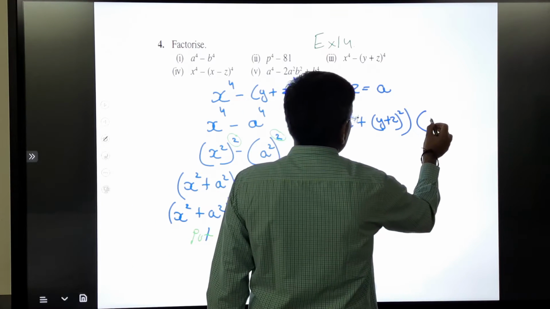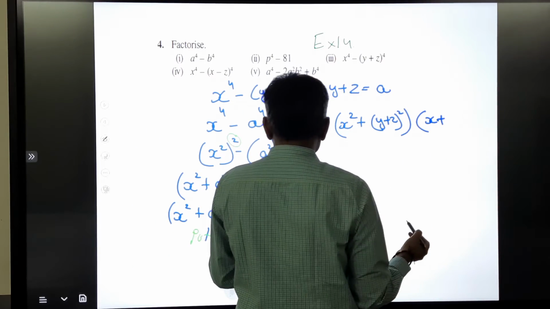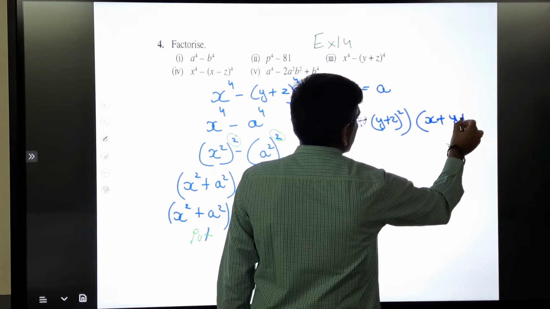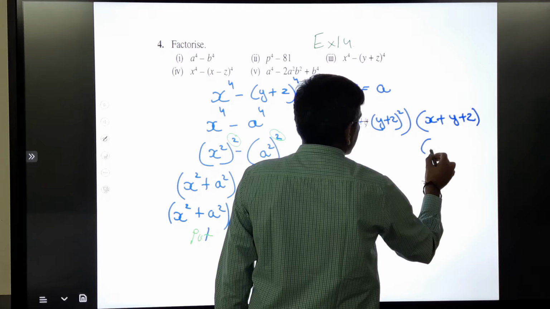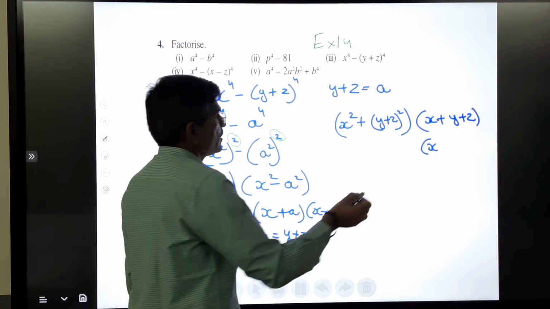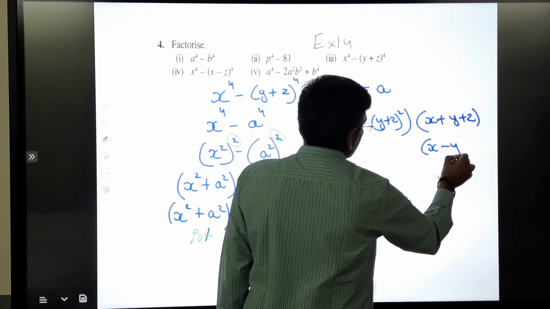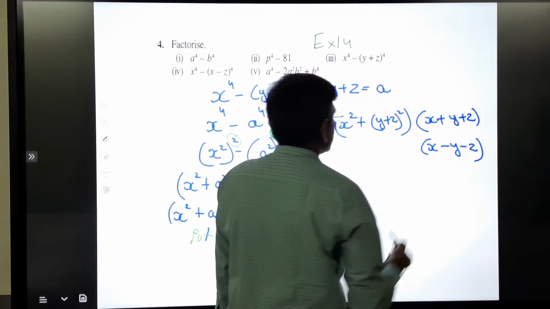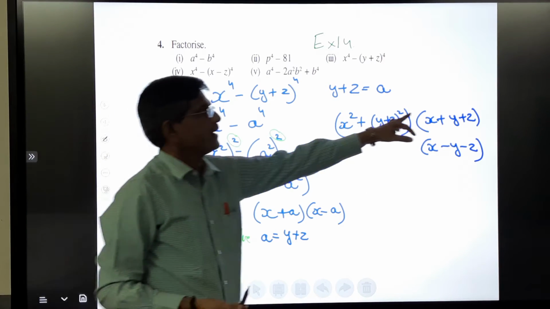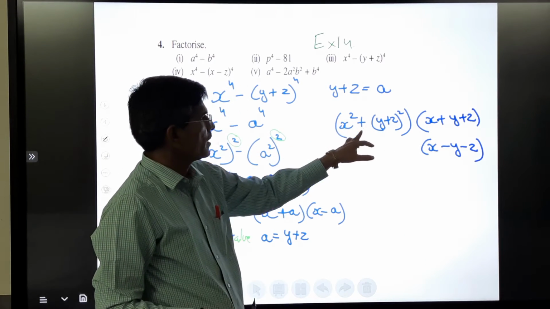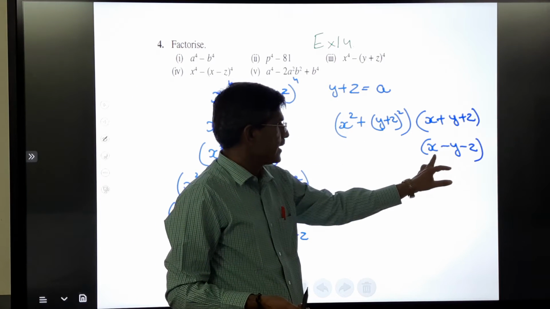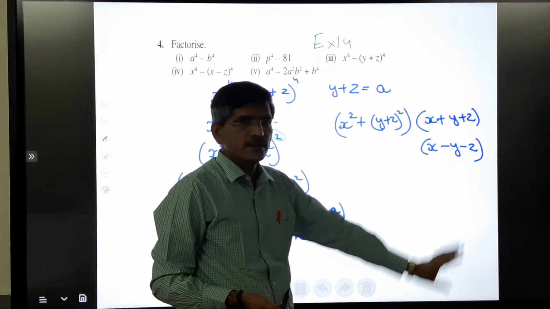Now instead of a I have to write y plus z, so x plus y plus z, and in third bracket again x, negative sign is there, so I have to change the sign, that is minus y minus z. So again answer should be in 3 bracket, that is x square plus y plus z whole to square, x plus y plus z, x minus y minus z.